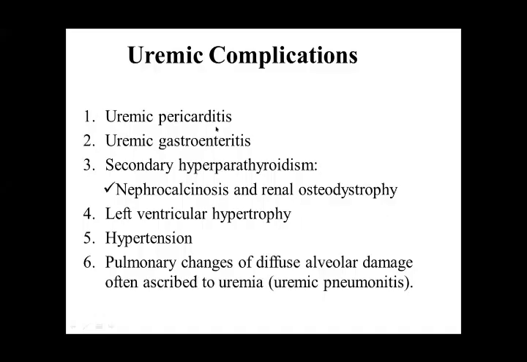Complications: uremic pericarditis, uremia. Uremia is a symptomatic azotemia. And what symptoms can a person get? Pericarditis, uremic pericarditis, uremic gastroenteritis. Uremic gastroenteritis is actually a condition of acute abdomen in which there is absolute constipation and no bowel sounds.